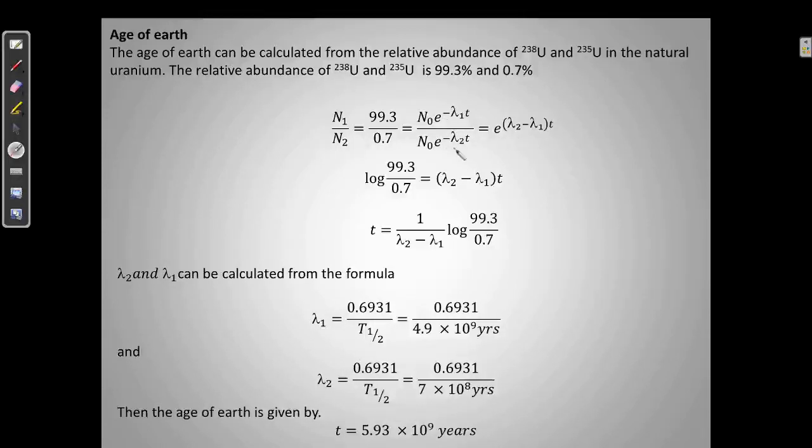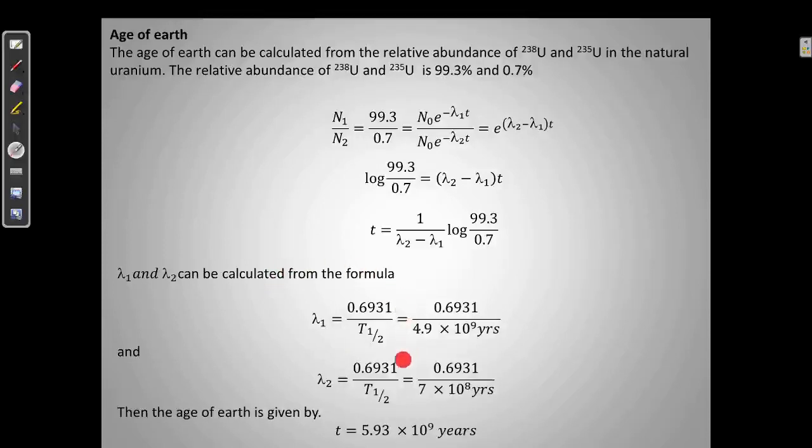The remaining is e raised to lambda 2 minus lambda 1 into t. Taking the natural logarithm, log to the base e, log 99.3 by 0.7 is equal to lambda 2 minus lambda 1 into t. Then t is 1 by lambda 2 minus lambda 1 into log 99.3 by 0.7.